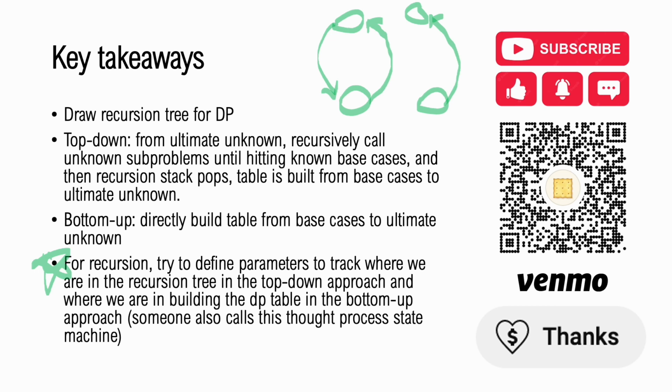Basically, wherever you have a recurrence, you are trying to use some parameters to help you track where you are in the recurrent tree or where you are in the process of building the DP table. So this way will make many problems much simpler to be perceived and to be solved.